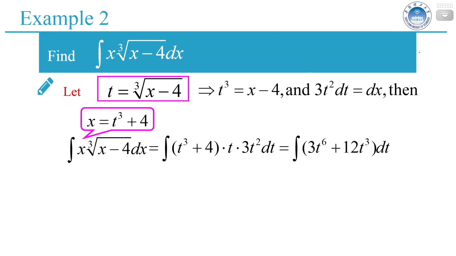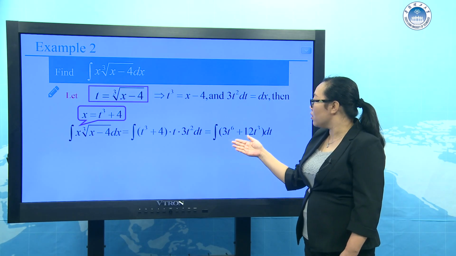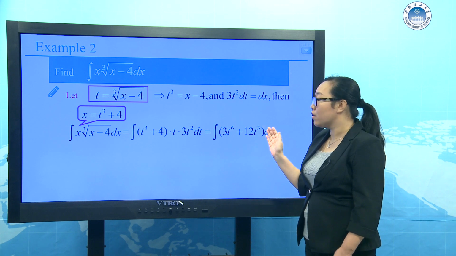Look at this term. This term is our substitution, equals t. dx equals 3t squared dt. This means the integral function only has one variable t. Together it equals 3t to the fourth power plus 12t cubed.